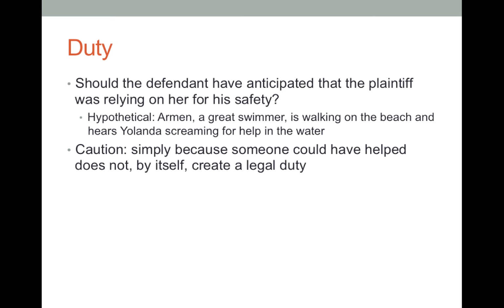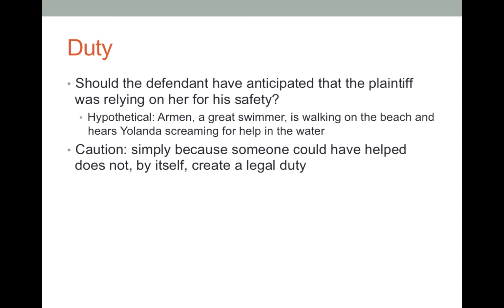And that test is, should the defendant, Armin, have anticipated that the plaintiff, in this case Yolanda, was relying on him for her safety? Was Yolanda relying on Armin? Well, if there's no relationship between the two of them, then the answer is no. Yolanda didn't go swimming because Armin, a stranger, is walking down the beach.